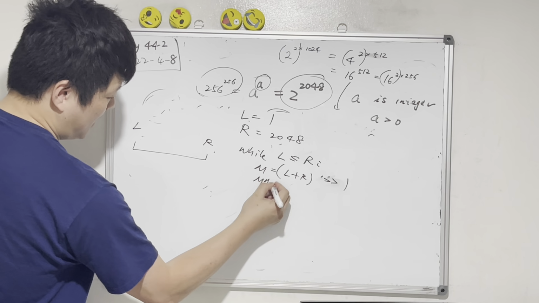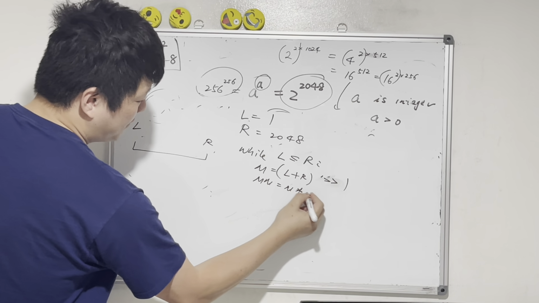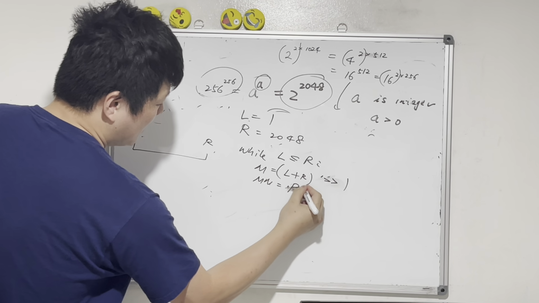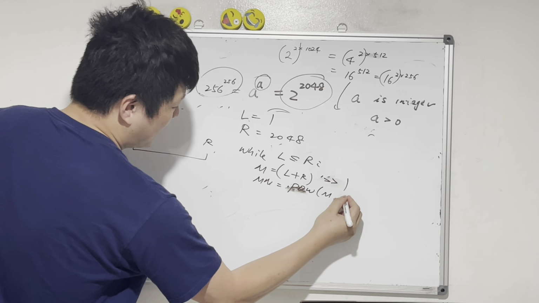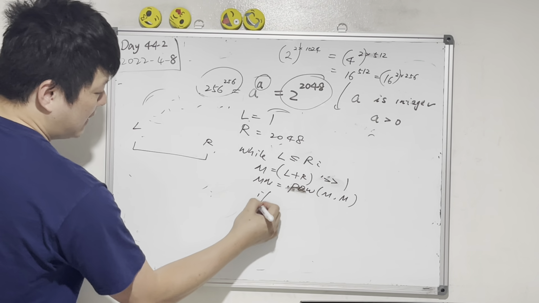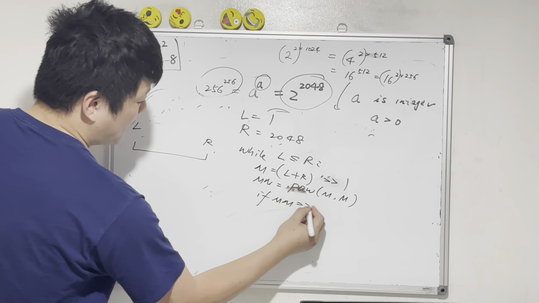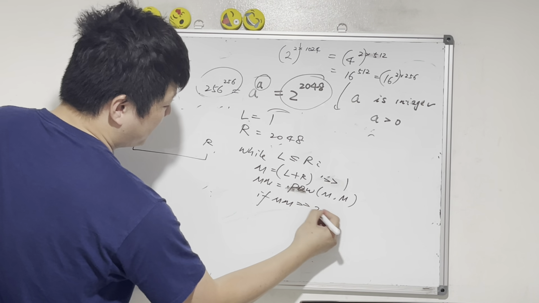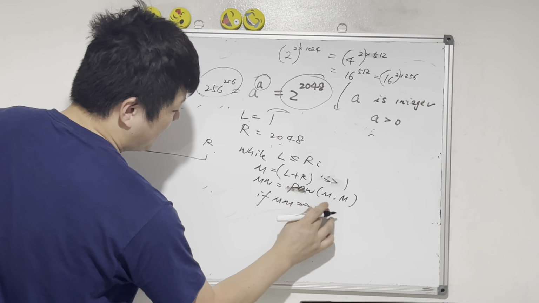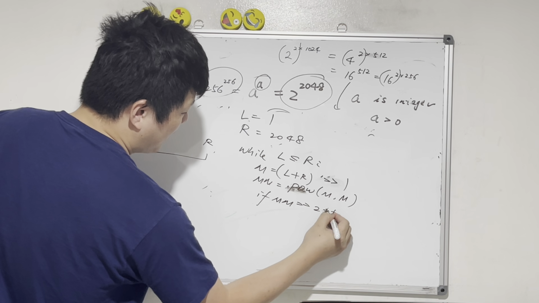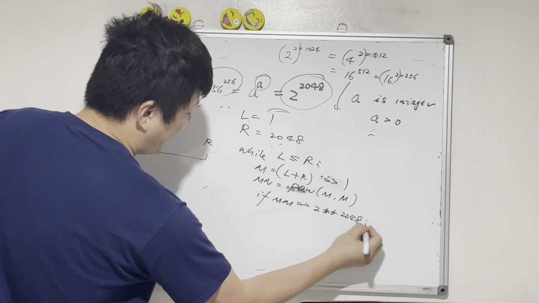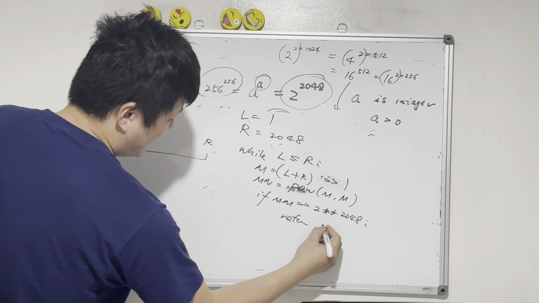Okay, then compute m to the power of m. If m to the power of m equals 2 to the power of 2048, then we have found this number, and return m, right?